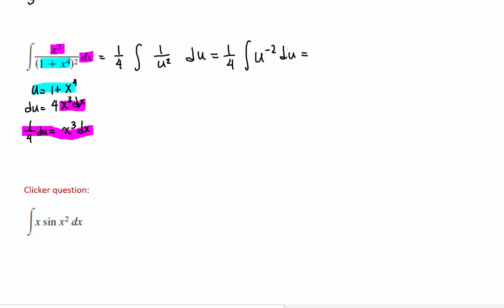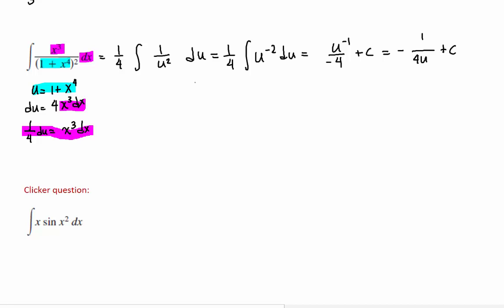And that's going to be plus 1, so it gives me u to -1 over -1 times 4, so -4, plus c. And that's going to become -1 over, I'm going to put this u down here, and I pull the negative outside.